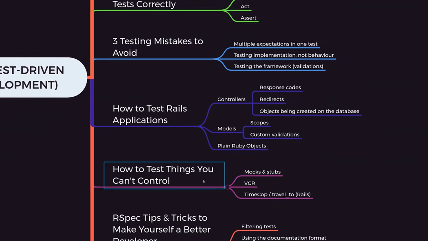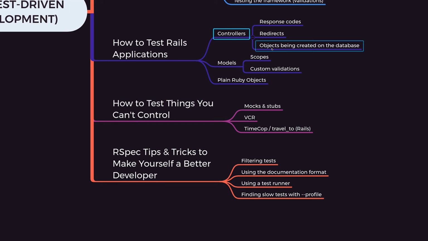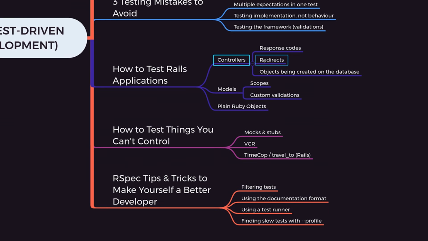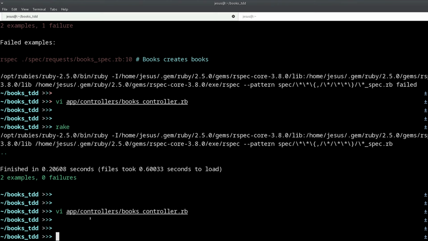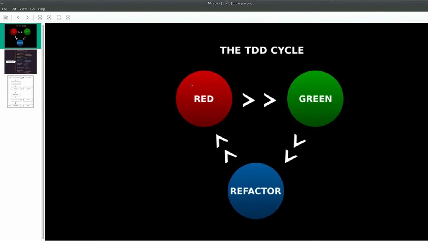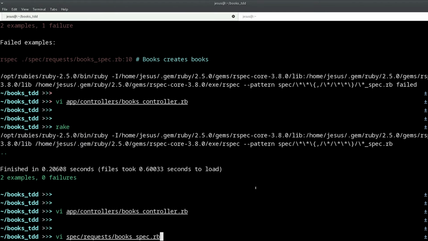And we are here, we are testing response code, redirects, and objects being created on the database. So redirect, let's test a redirect. For this, we have to go back to our red phase. I think there is nothing to refactor, but let's take a look.